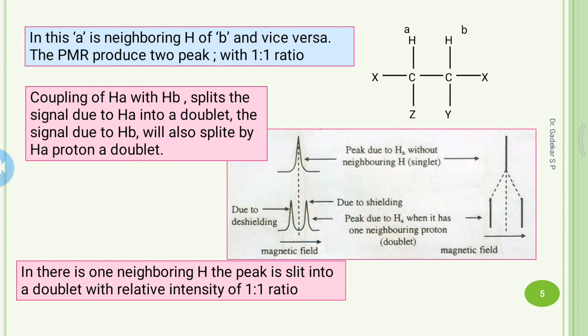So coupling of HA with HB splits the signal due to HA into a doublet. The signal due to HB will also be split by the HA proton into a doublet.